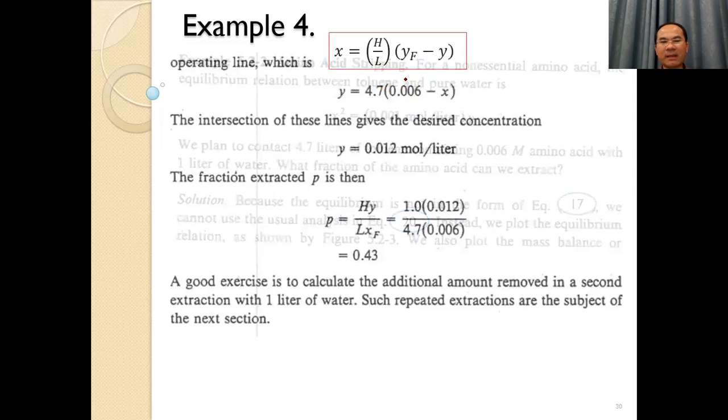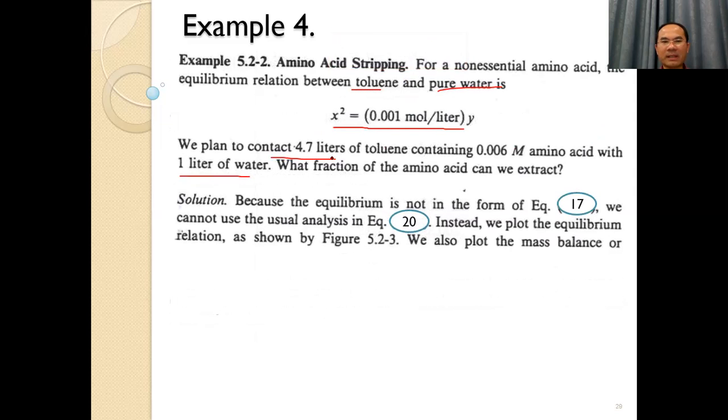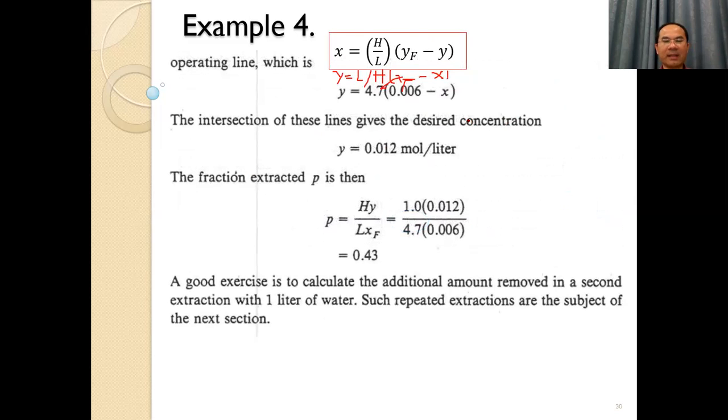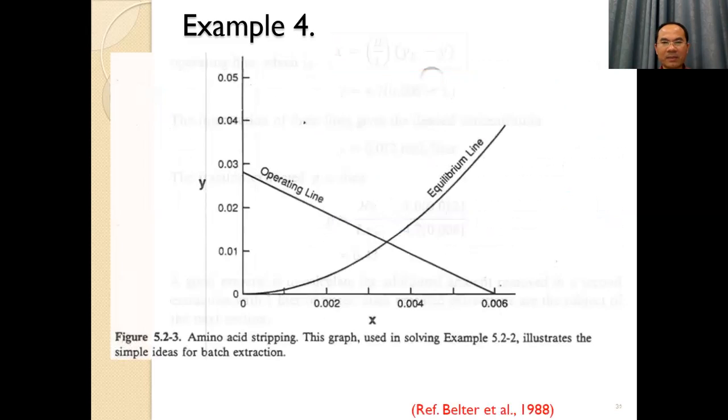XF is 0.006, the amount of amino acid in the toluene in the beginning. Minus X. Okay.